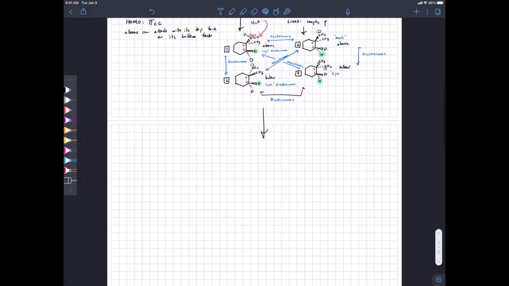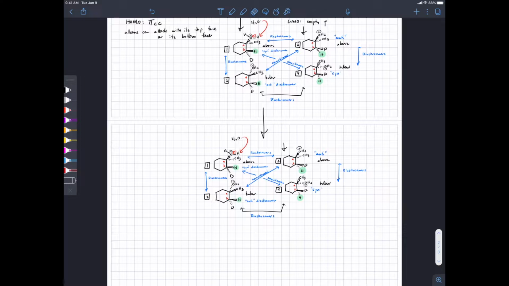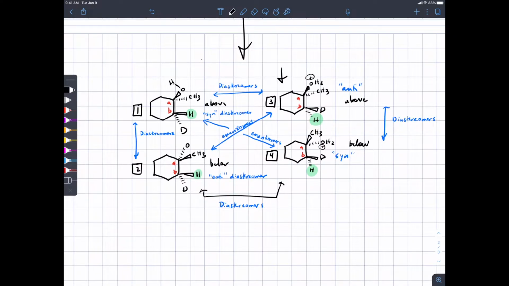So I'm going to copy all of these. I showed you one of those deprotonation reactions, and afterwards we get the neutral alcohol as products. Whoops.